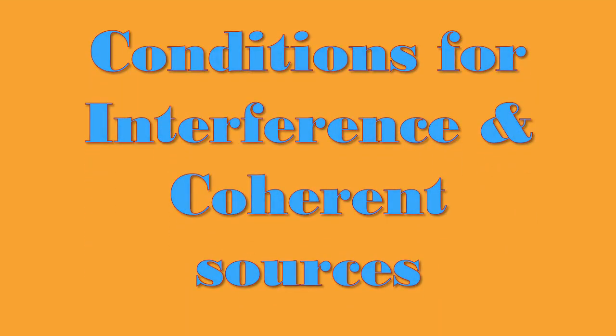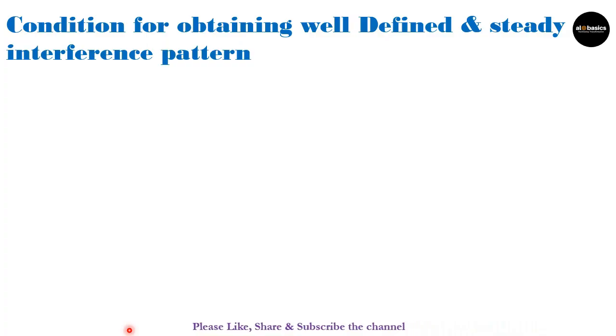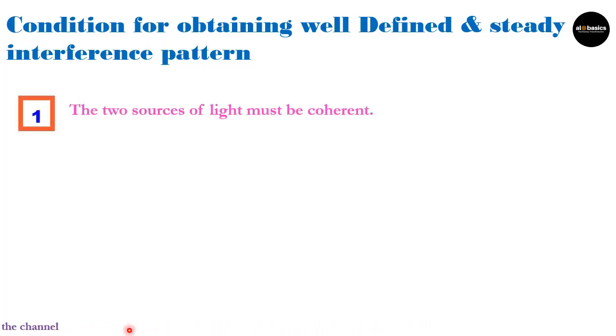In this video, let us discuss conditions for well-defined and steady interference pattern and coherent sources. First condition is that the two sources of light must be coherent. First of all, we'll see what are the conditions and then we'll discuss each condition in detail.